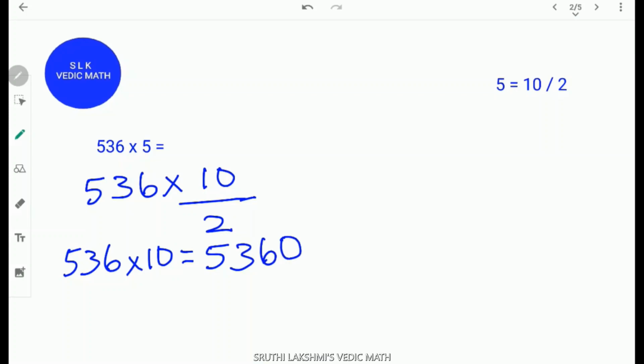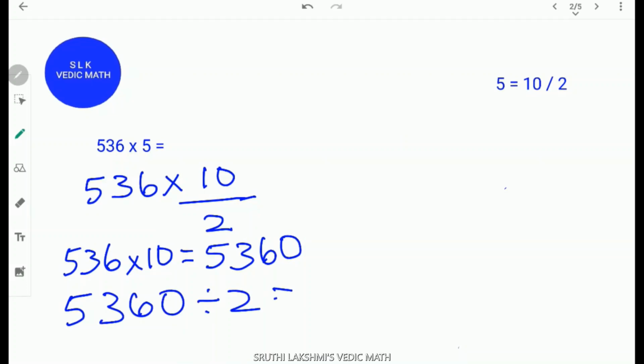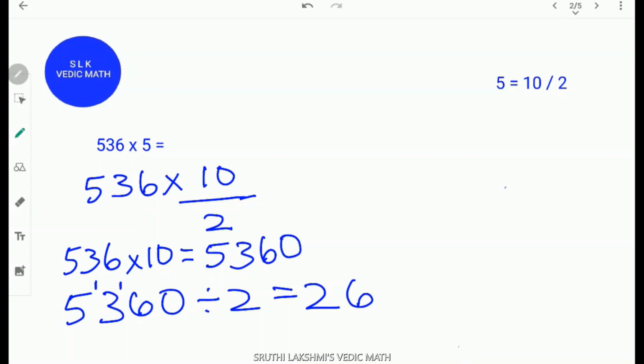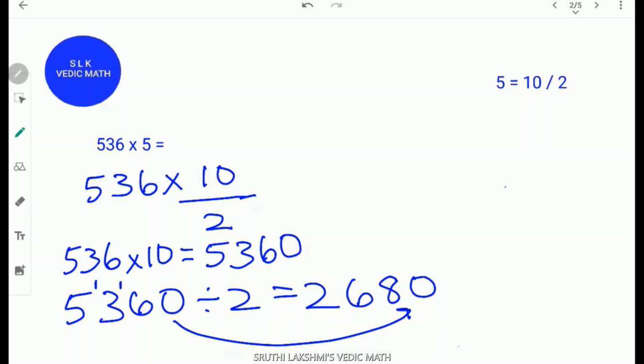And next divide 5360 by 2. 5360 divided by 2. 2 times 2 is 4. 2, write down the 2 and carry the 1. So now it's 13. 2 times 6 is 12. So write down the 6 and carry the 1. So now it's 16. 2 times 8 is 16. So write down the 8 and write down the 0 as it is. So 536 times 5 is 2680.